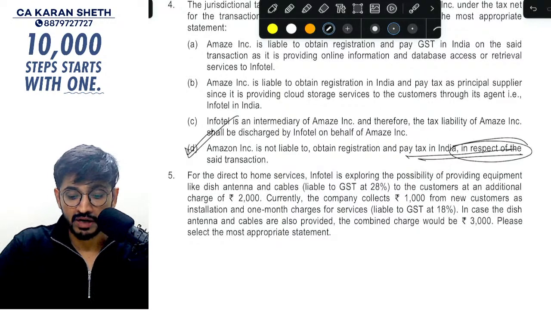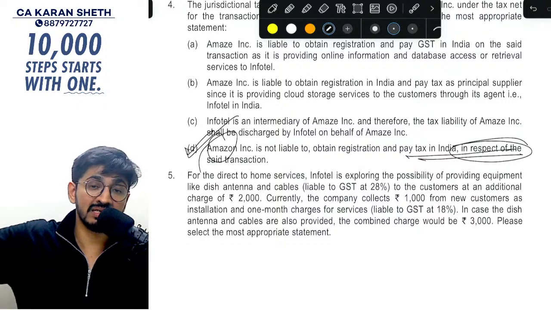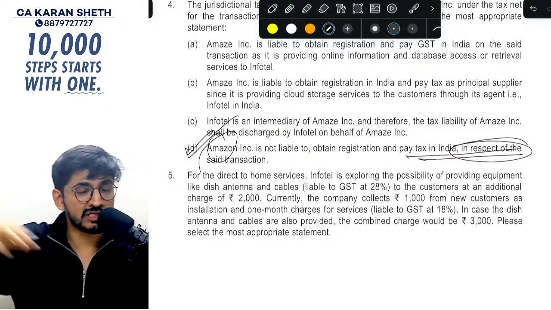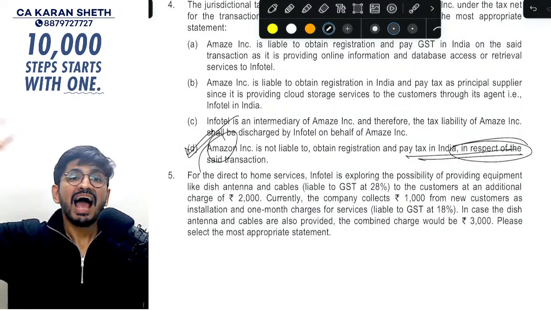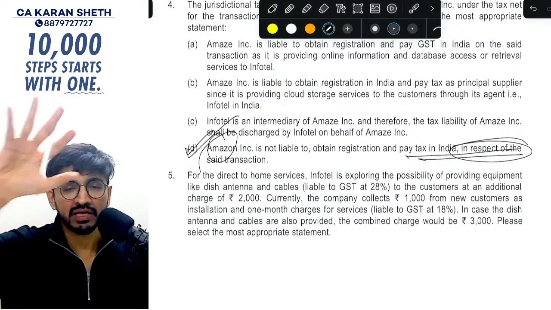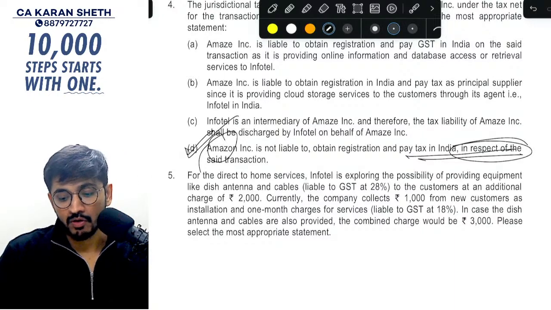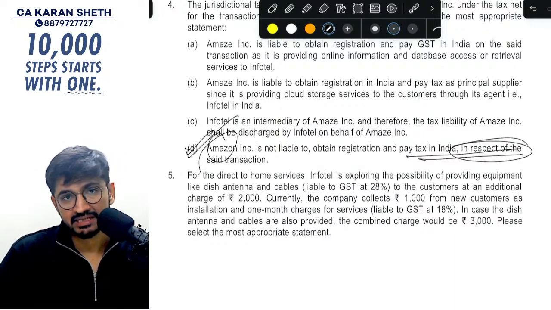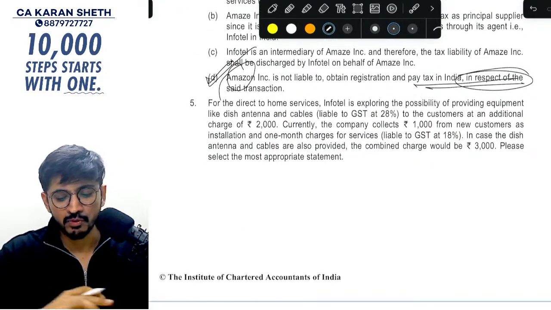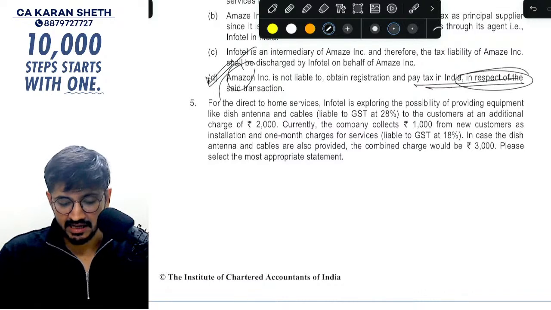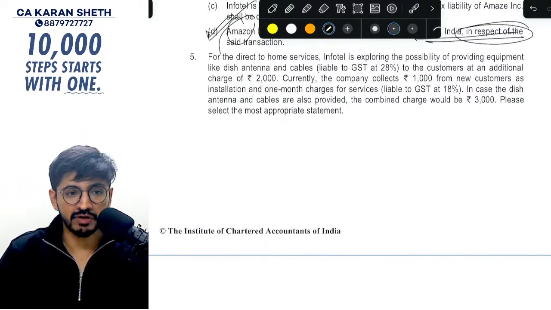Which is why I would rather say that Amazon Inc. will be covered under section 23, that is people who are exempted from registration, because this person is exclusively giving services where tax is payable as per RCM, where it's always the recipient who's going to pay tax, right? And which is why it is absolutely not liable to register and pay tax in India with respect to the above said transaction, my dear friends.